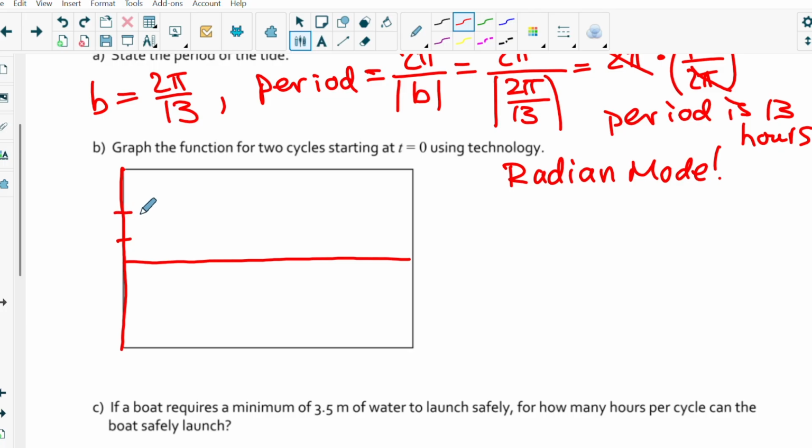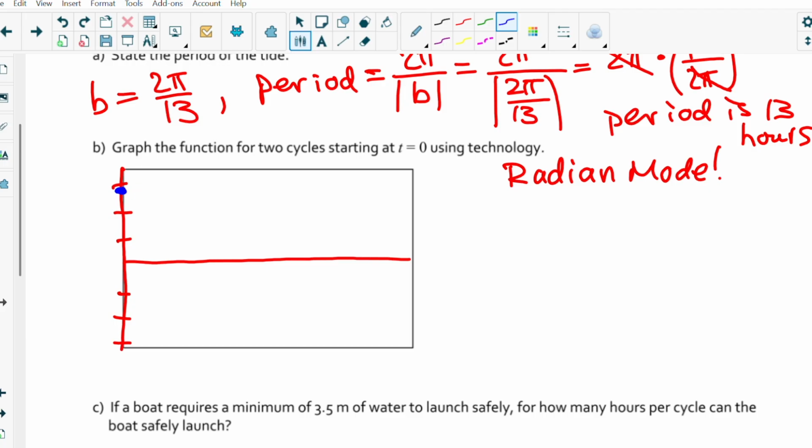1, 2, 3. 1, 2, 3 units there. Okay, none of them in the negative direction because these are all positive water levels, like tides. So there's no negative depths. Okay, so when I graph this, I have a couple key points here, right there.